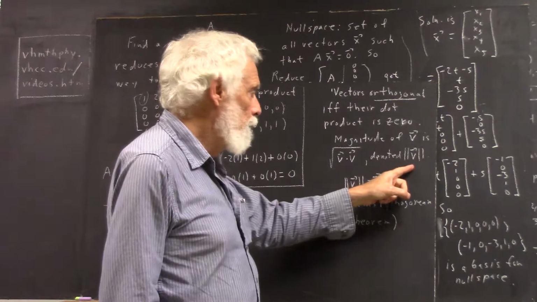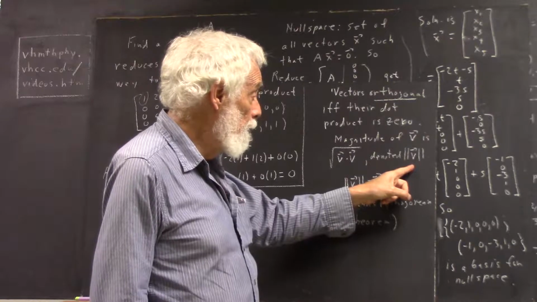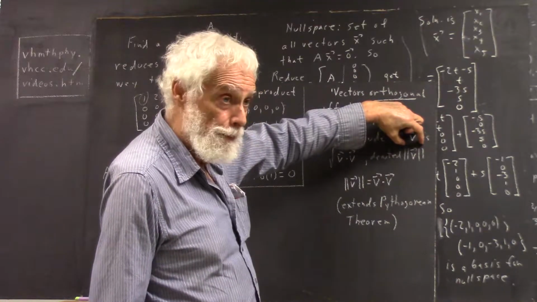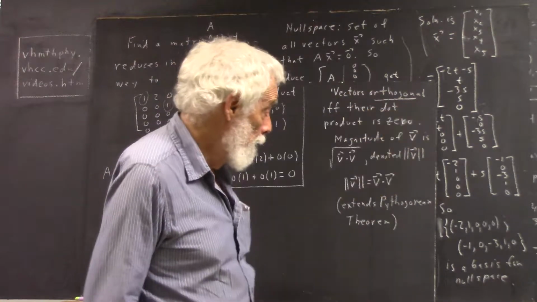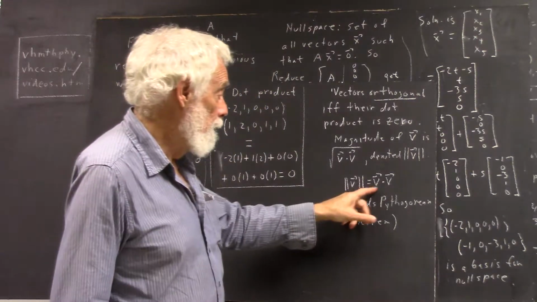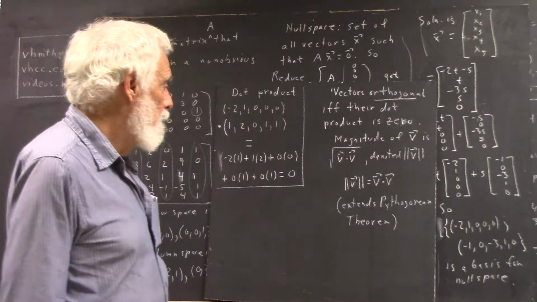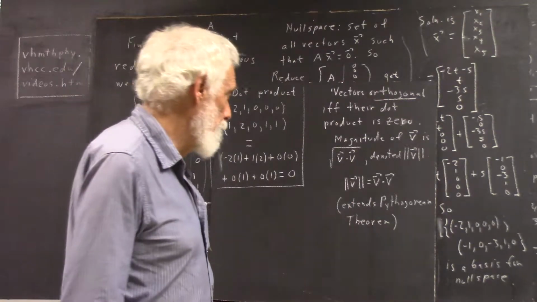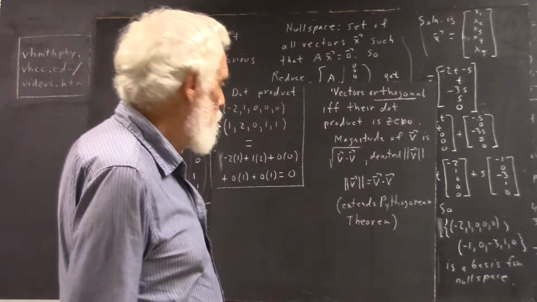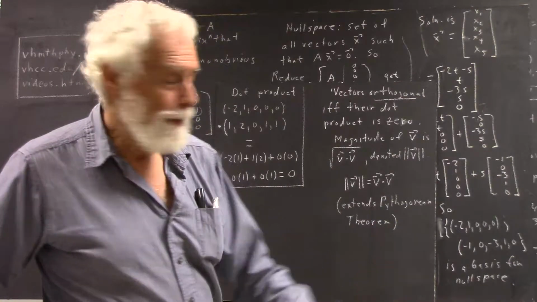Okay, well that's denoted by like an absolute value of V, but it's an absolute value with an attitude, so we use two little bars on either side. We say the magnitude of V then is the square root of V dot V. This, as I said, is just an extension of the Pythagorean theorem. Now what does that have to do with anything that we're doing?